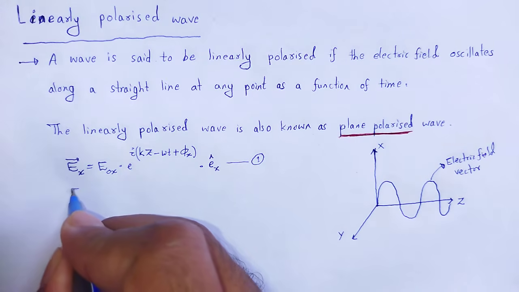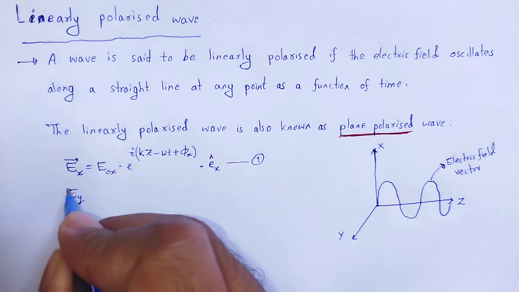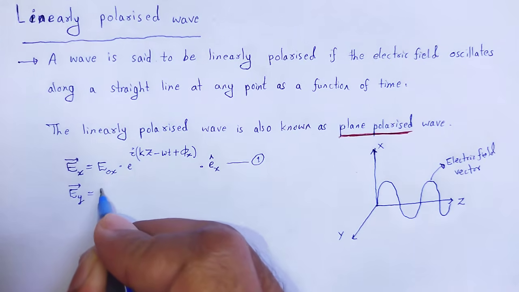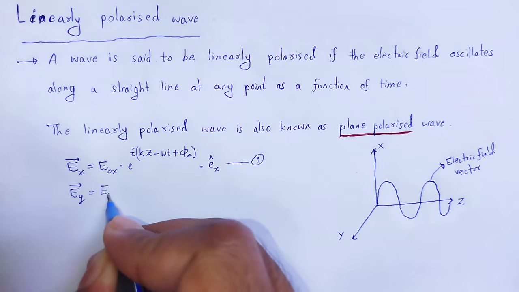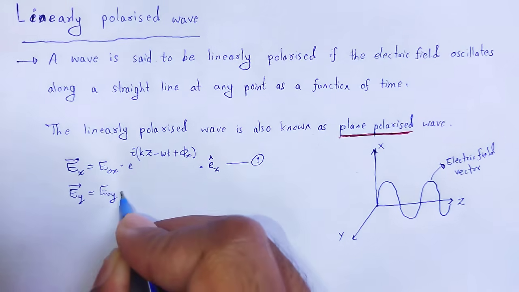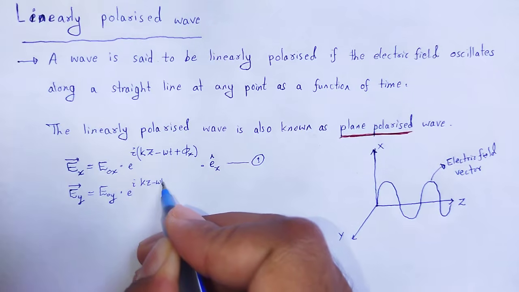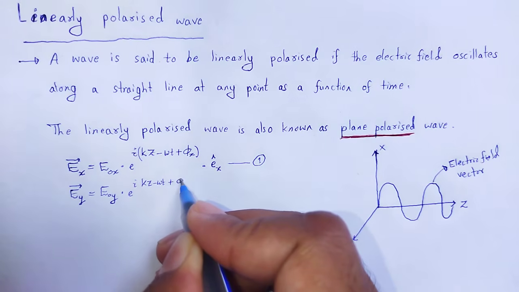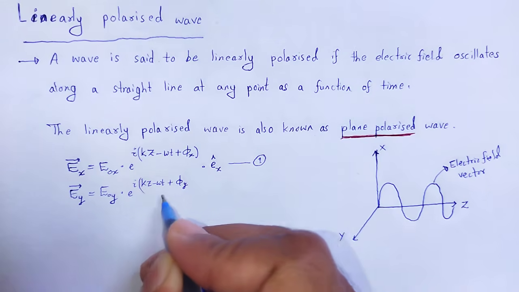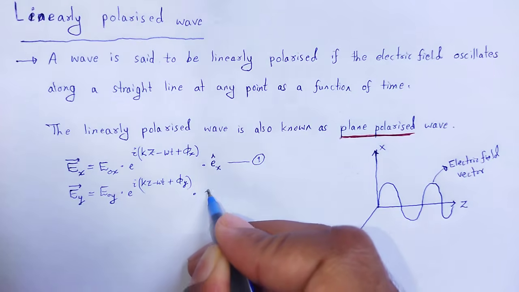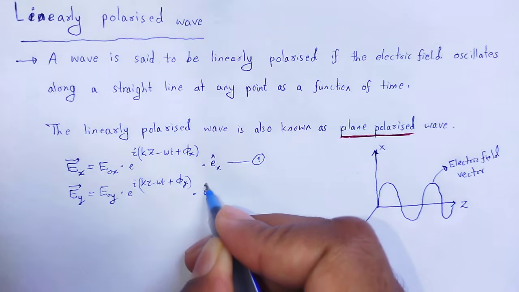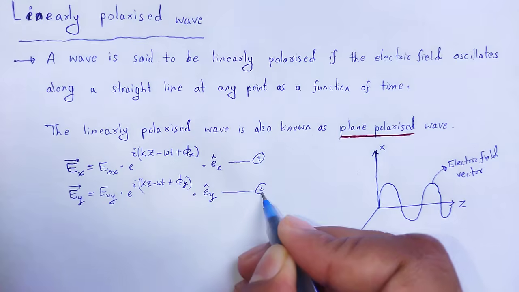Then with respect to the y axis, E y vector is equal to its amplitude E o y, e to the power i (k z minus omega t plus its phase phi y), with the unit vector along the y axis, E y cap. Equation number 2.